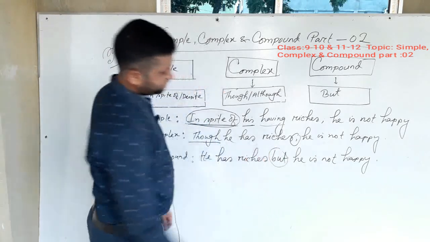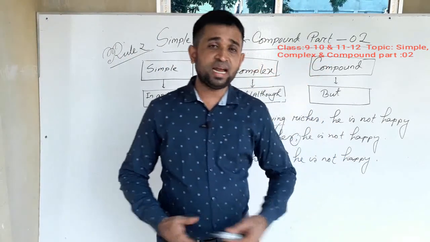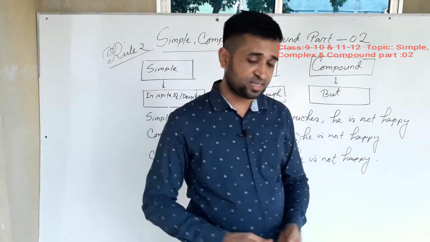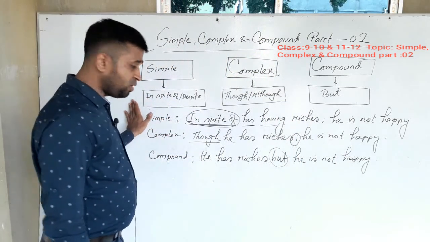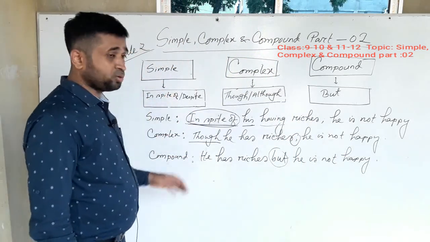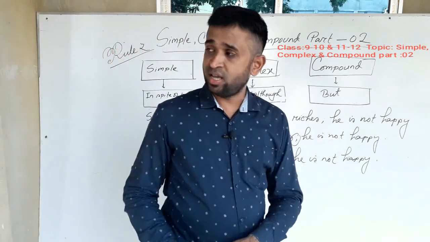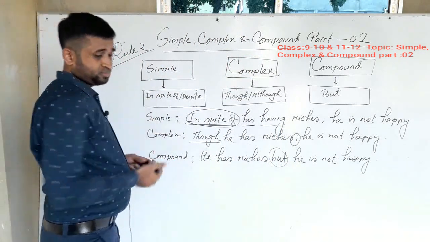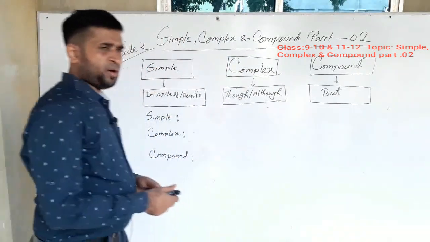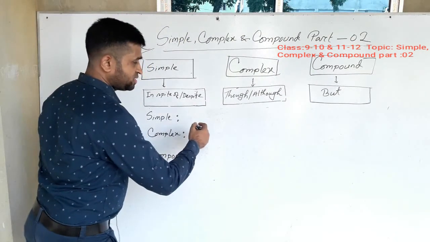By seeing this, you can clearly say this is the compound sentence. Dear learners, now I am giving another example according to the rules, and try to solve it yourself. Dear students, listen to me. Now I am giving another example. Write down in your khata and try to solve the sentence.